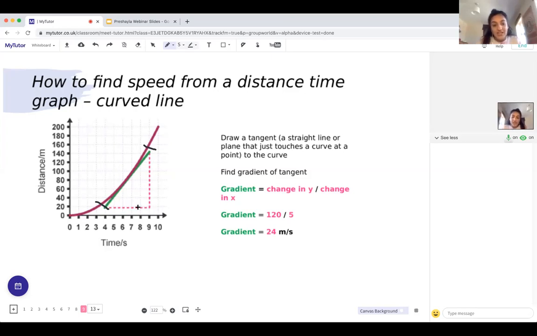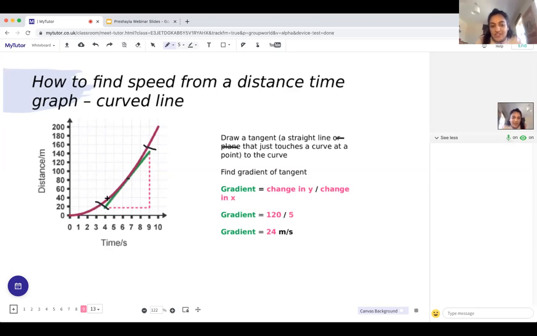So a tangent is this green line here, which we draw, and it's a straight line that touches a curve at a point. It just touches the curve at a point and then extends either way, so that we can match the shape of the curve pretty closely.